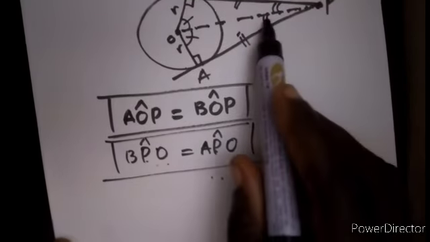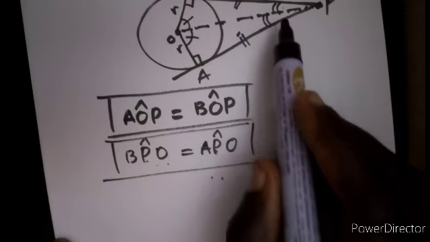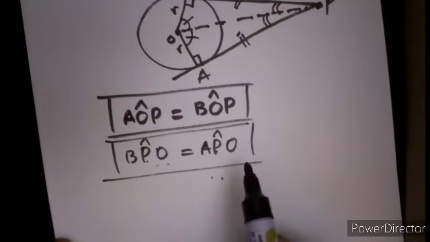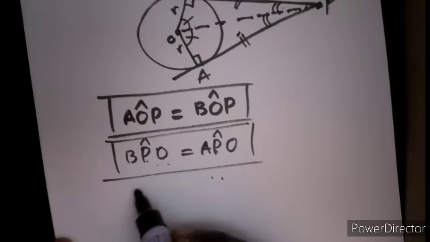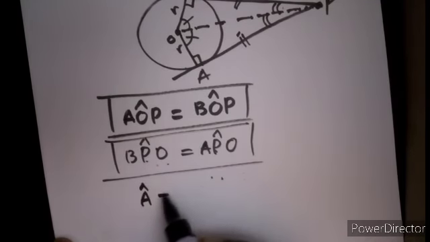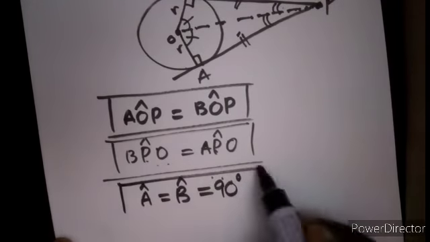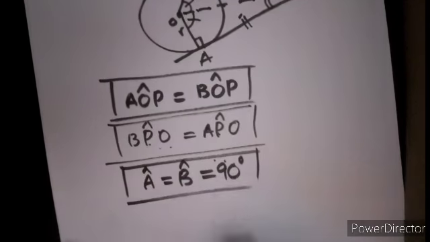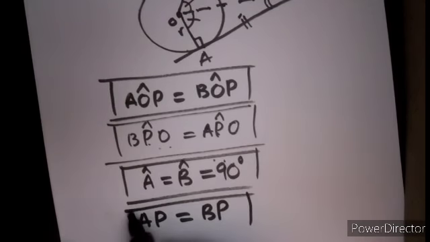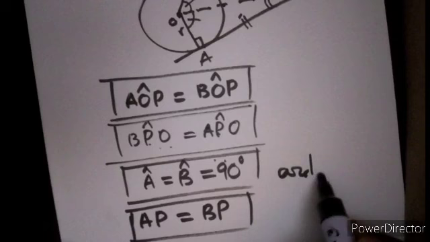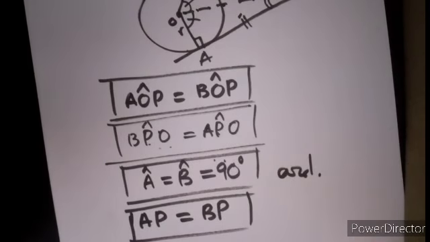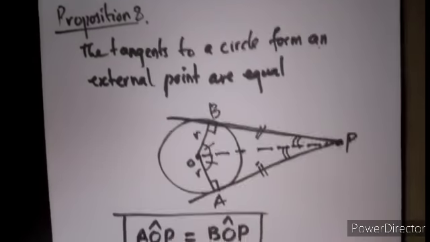Very important, these angles are equal. What else? Of course, angle A, as we saw already, equals angle B, and they are 90 degrees. And finally, the side AP is equal to BP. These are the properties we pull out from this proposition 8.